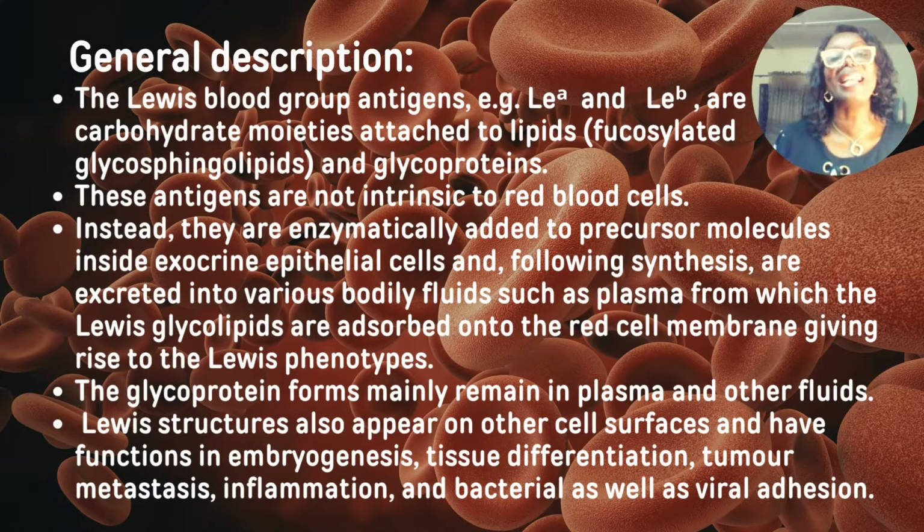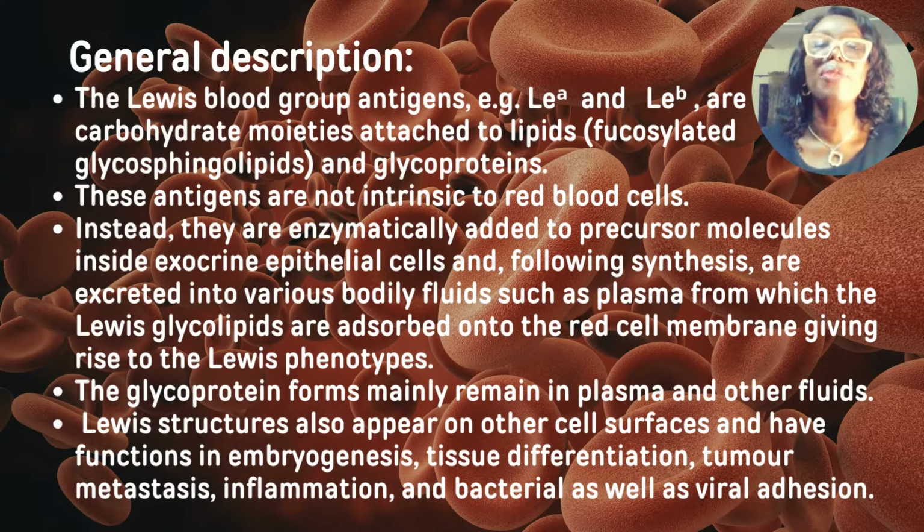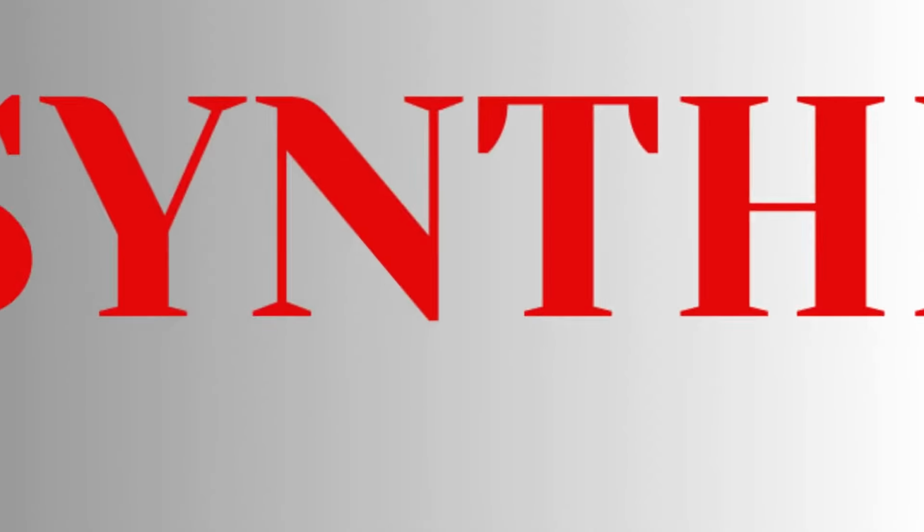Remember, we said earlier that we have the glycolipid forms and glycoprotein forms. The glycolipid forms mainly remain in the plasma and other fluids. Then the Lewis structures also appear on other cell surfaces and have functions in embryogenesis, tissue differentiation, tumor cells, metastasis, inflammation, bacteria, as well as viral adhesion.